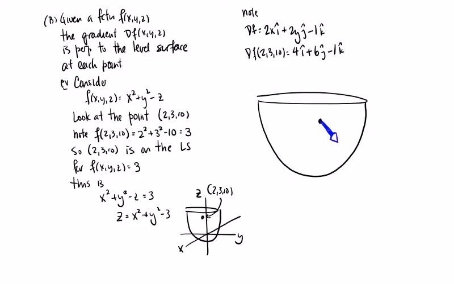It's perpendicular to the surface of the paraboloid right there. This is the vector 4i plus 6j minus 1k. It's coming forward and to the right, that's the 4 and the 6, and it's pointing a little bit down, that's the minus 1. This is perpendicular to the paraboloid.